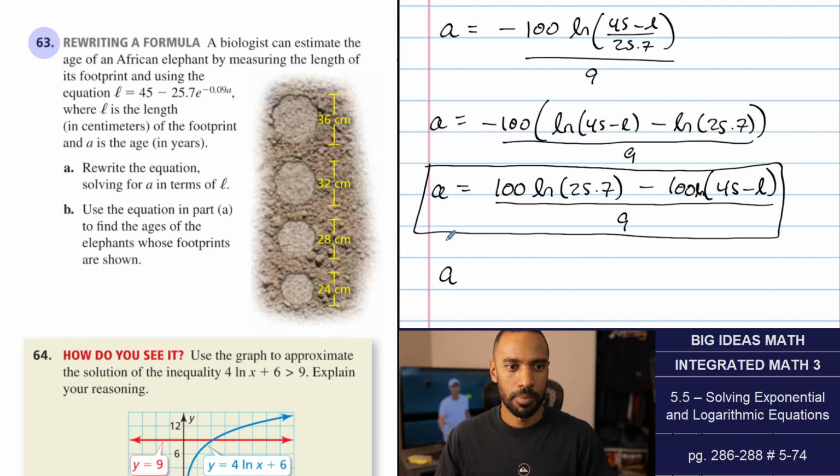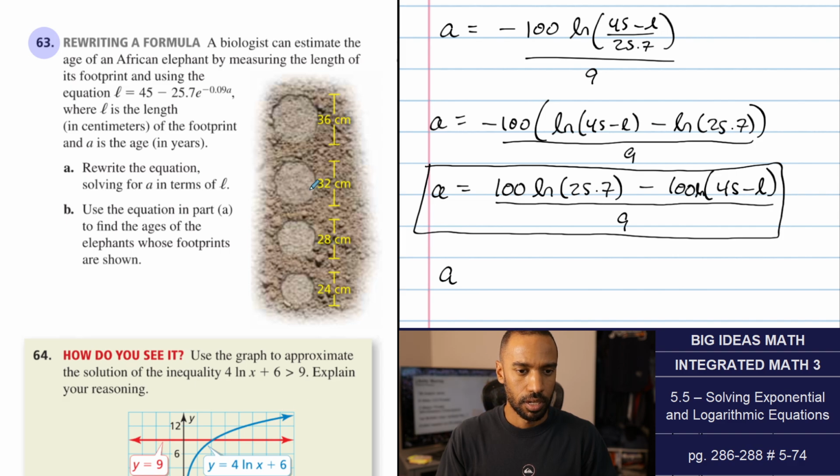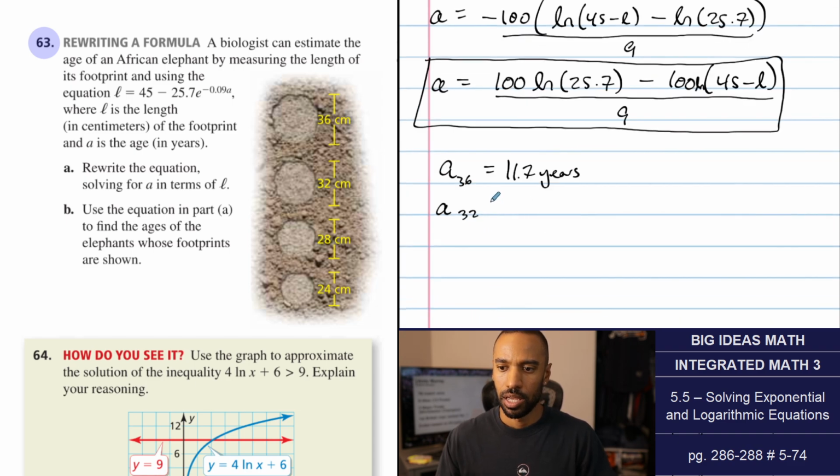I'll say A sub, what were my, hold on. I lost my window. Give me 1 second. A sub 36 equals about, these are all approximate. Now I lost my calculator. Equals 11.7 years old. A sub 32 is about 7.6 years old.